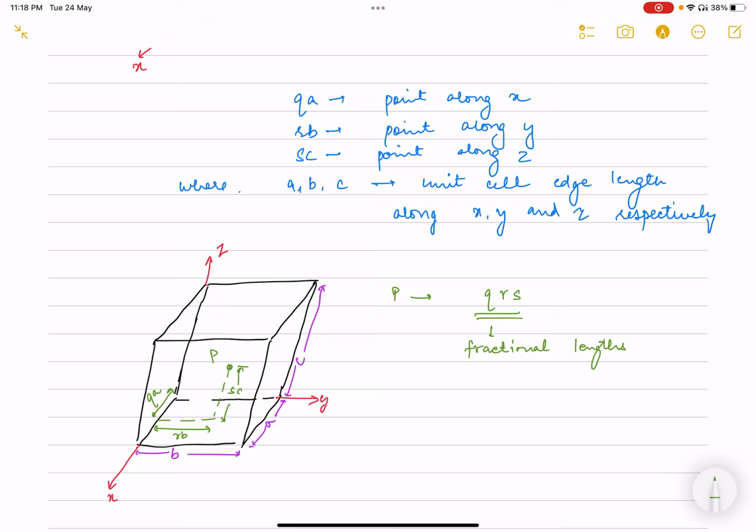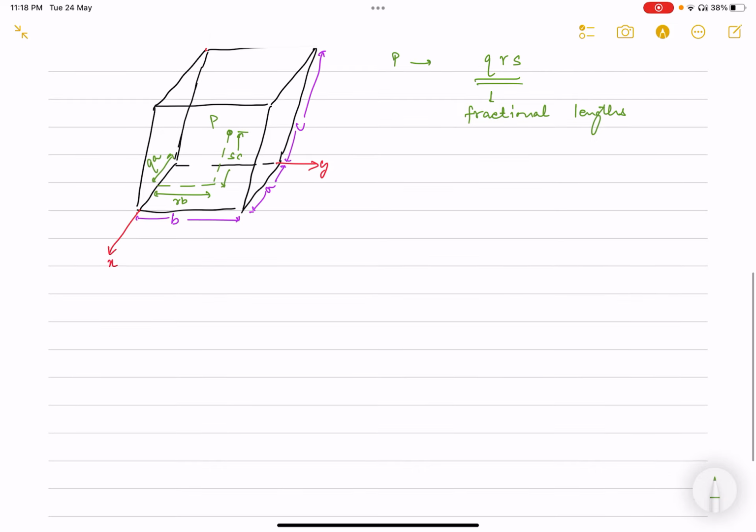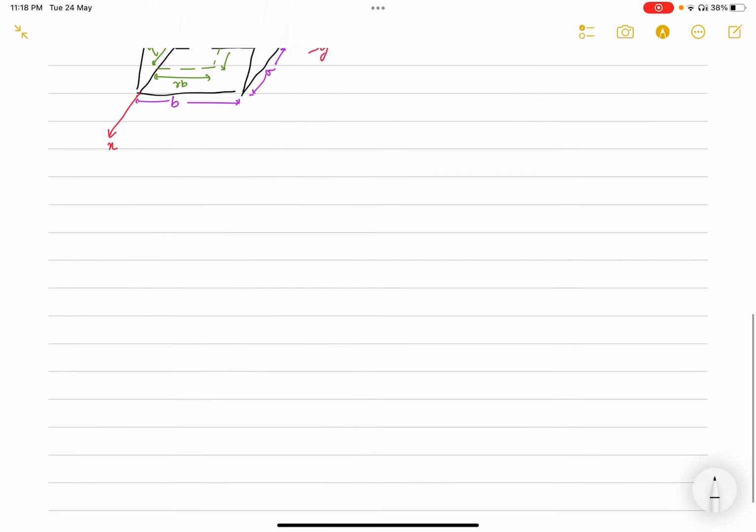So for example, let us mark the points of a face-centered unit cell.